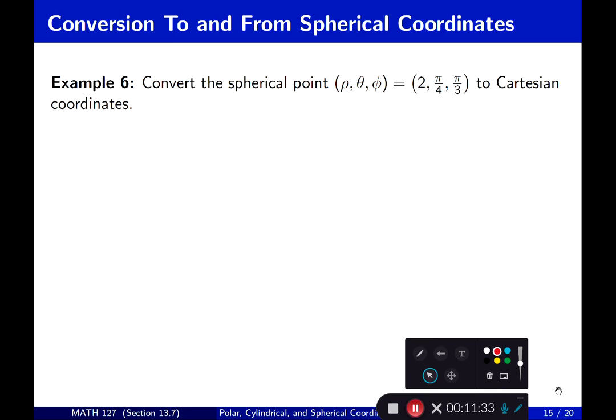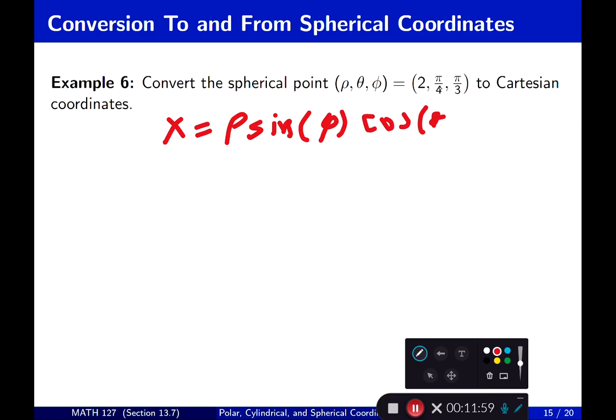Okay, now example time. Convert rho, theta, phi equal to 2, pi fourth, and pi third to Cartesian coordinates. So what was the Cartesian coordinate? x is equal to r, which is just rho sine phi, and r cosine theta. y is equal to rho sine phi, which is r times sine theta.